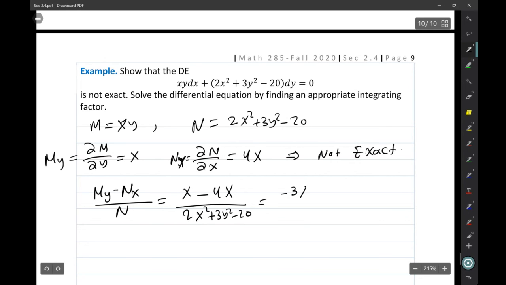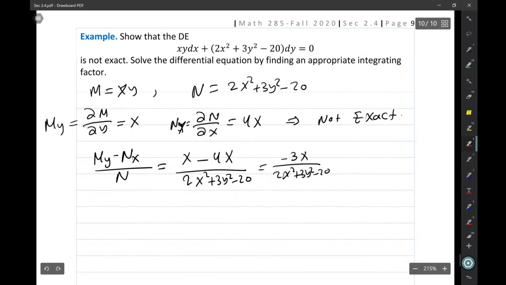This gives us minus 3x over 2x squared plus 3y squared minus 20. Now, is this a function of the single variable x? It is not a function of x alone.